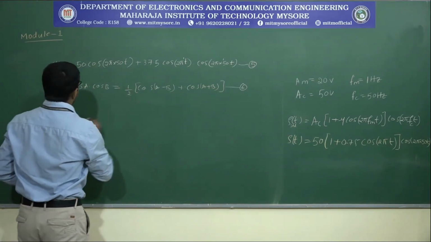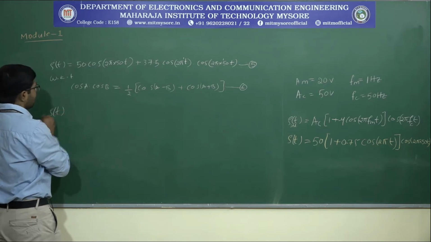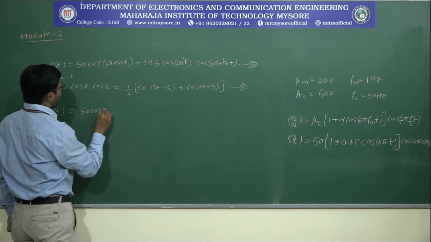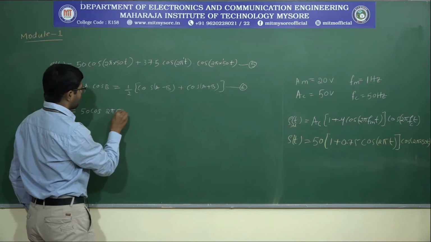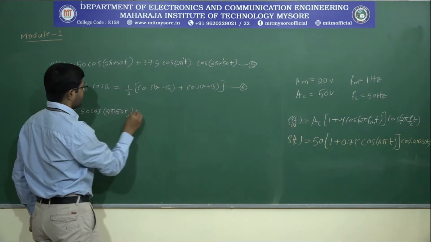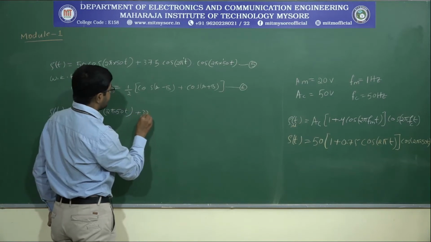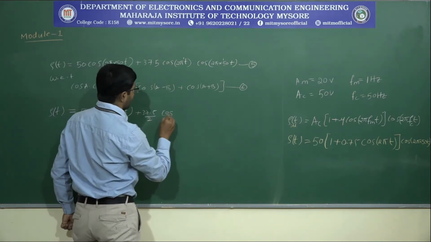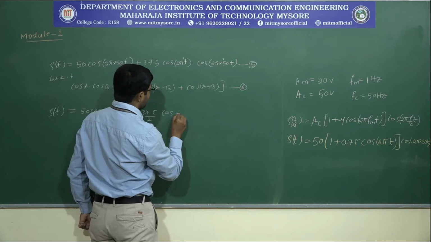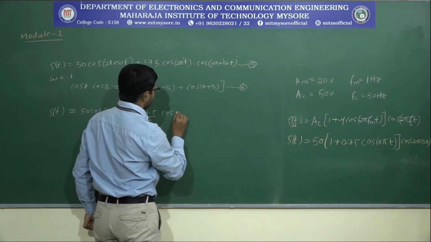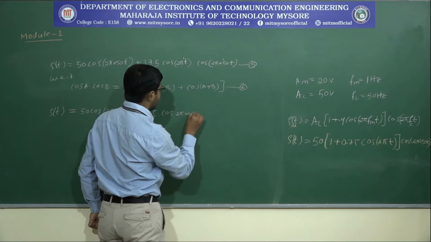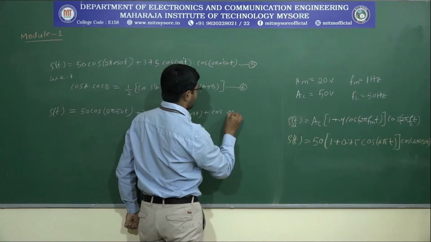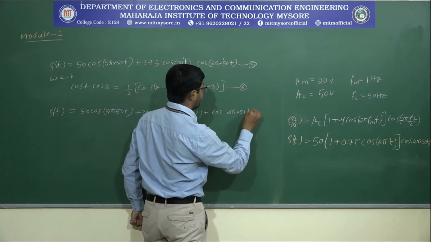So expanding and writing the equation, we get S of t is equal to 50 cos 2 pi into 50t plus 37.5 by 2 into cos of 50 minus 1, that is 49, 2 pi into 49t plus cos 2 pi into 51t.